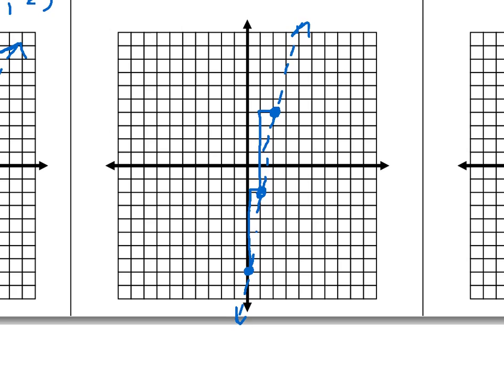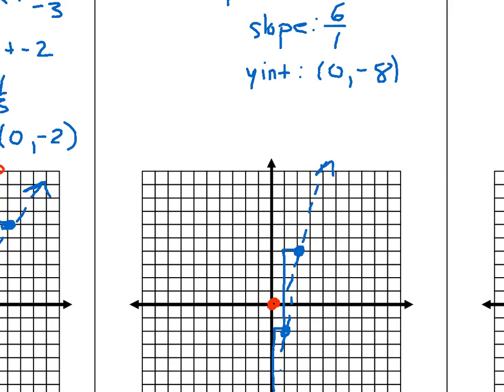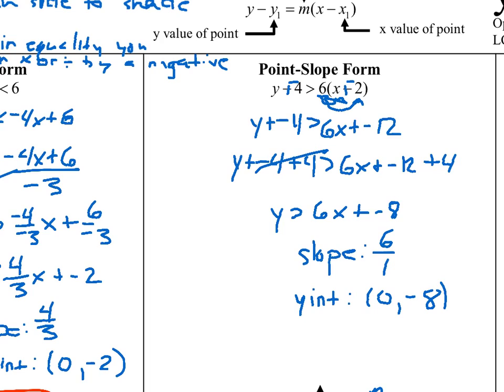Now we need to determine which side to shade in. I'm going to plug in good old trusty 0, 0 because it's not on my line. Zero plus negative 4 is greater than 6 times 0 plus negative 2.